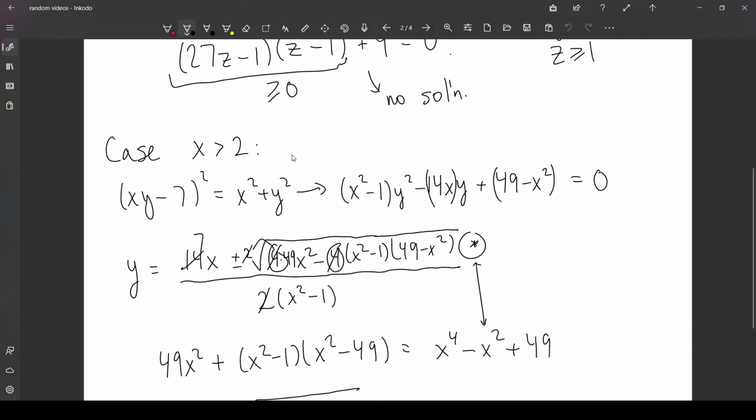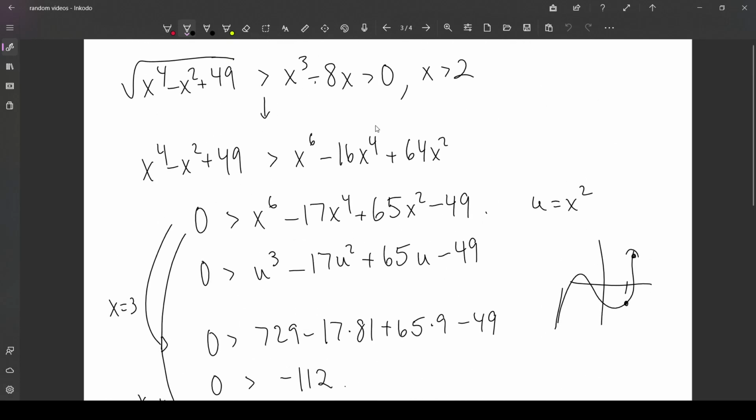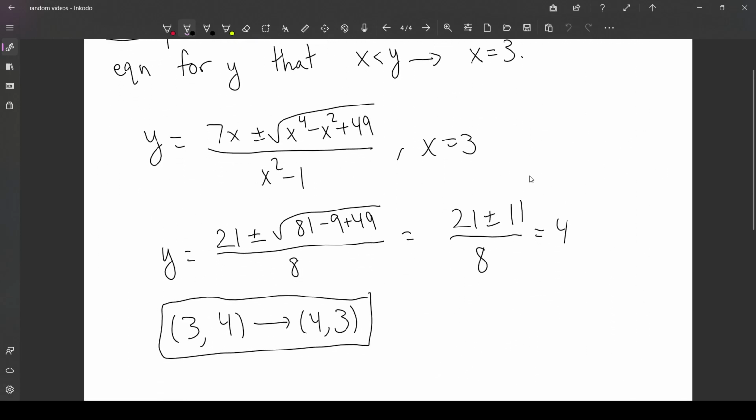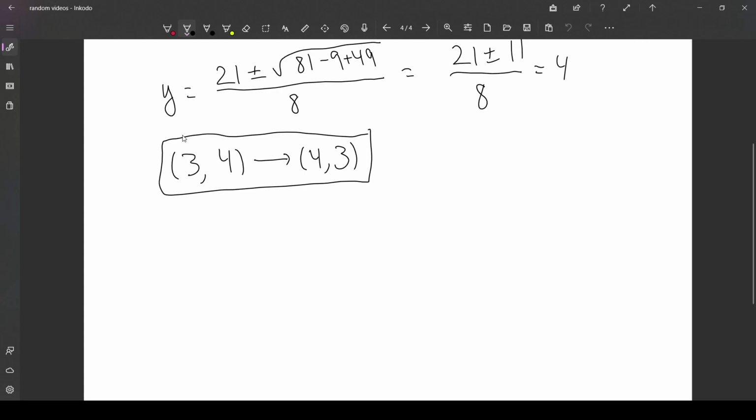And then for x greater than 2, we were able to show that the only possible x value such that x is less than y is x equals 3. If we plug x equals 3 into the equation, we get the only integer solution, y equals 4. And swapping x and y gives 4 and 3. So those are all of our solutions because we've exhausted all possible cases, and so we are done.